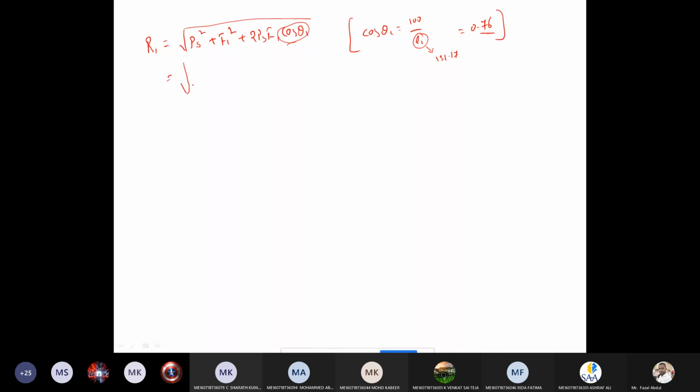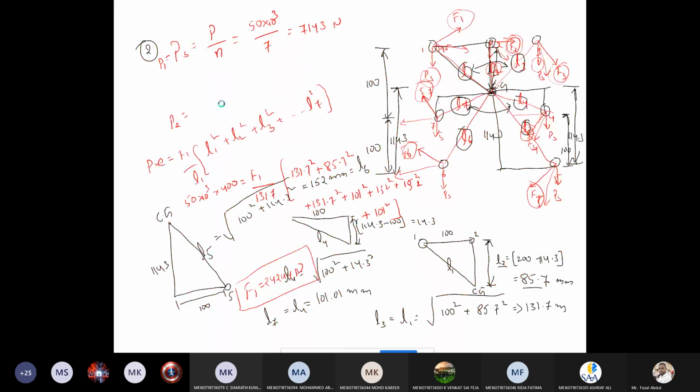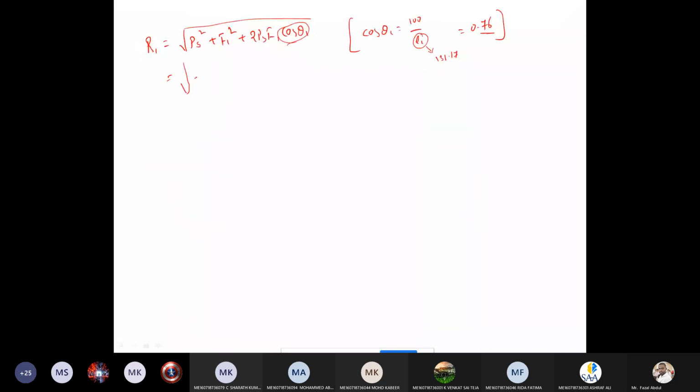Now the direct load we calculated previously. How much? 7143. 7143 square plus F1, how much did we get? 24244. 24244 square plus 2 into 7143 into 24244 into 0.76. So get R1.